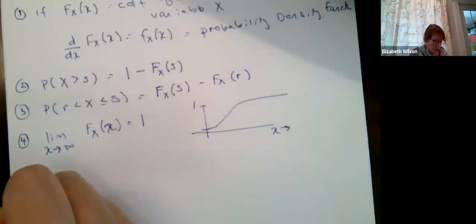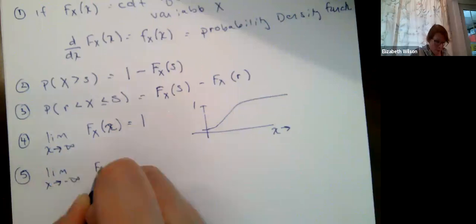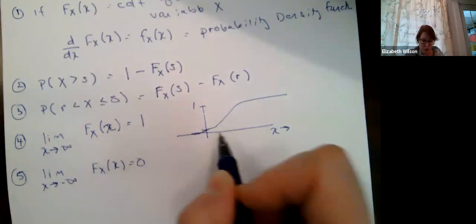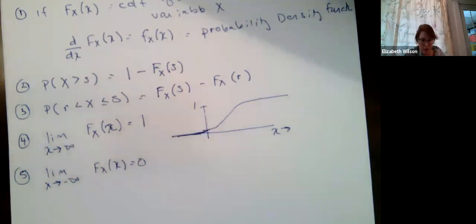Now in the opposite direction, the limit as x goes to minus infinity of our cumulative distribution function is 0. Once we bottom out, we're out of our range, and the cumulative distribution function is at 0. It means that before we've actually started our interval, we don't have any probabilities to accumulate, which is why we're at 0.